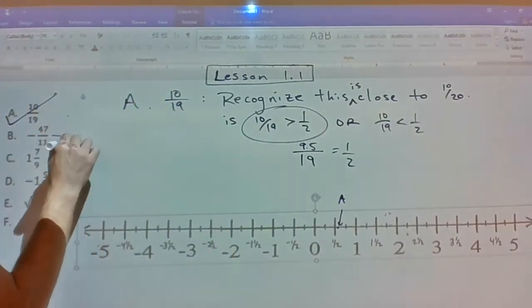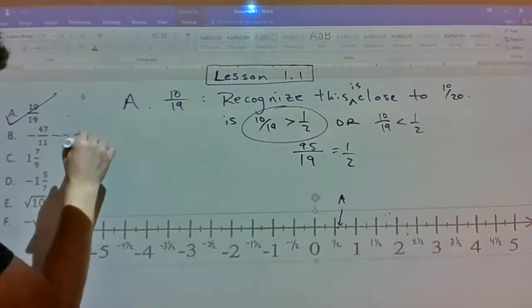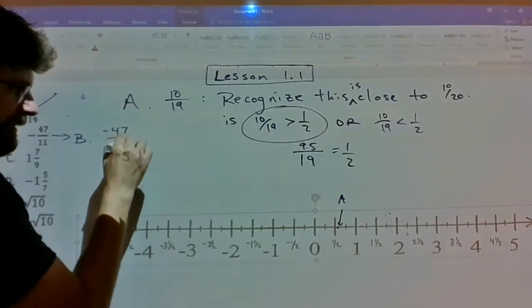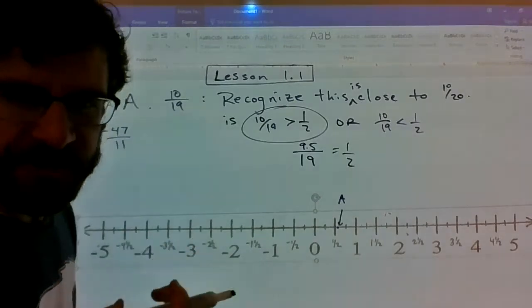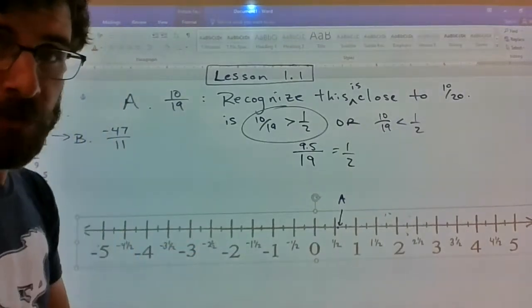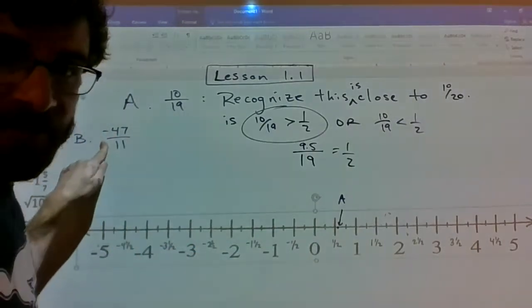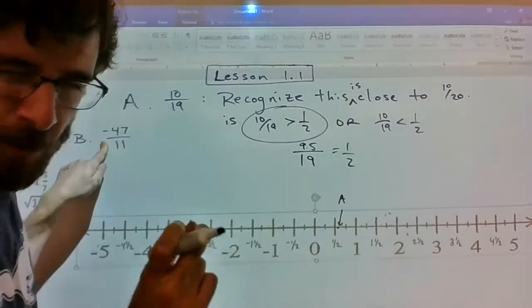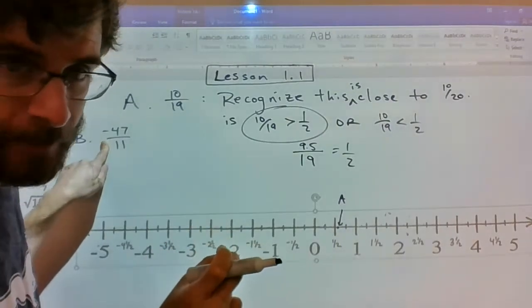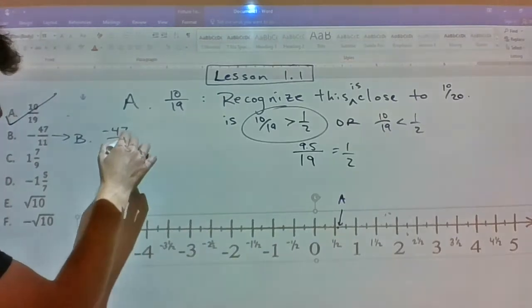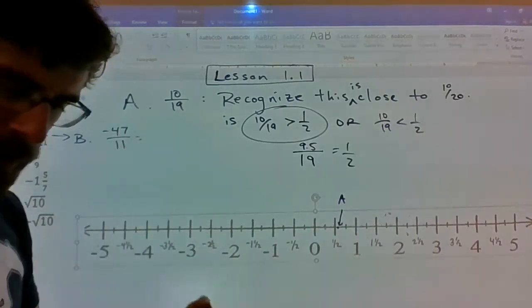Second one. This is pretty interesting. Anything divided by 11 has a very specific pattern. The first thing I want to do, though, is convert 47 over 11 into a mixed number so I can see what the actual number is divided by 11. So, if you guys remember, you're just figuring out how many times 11 goes into 47.